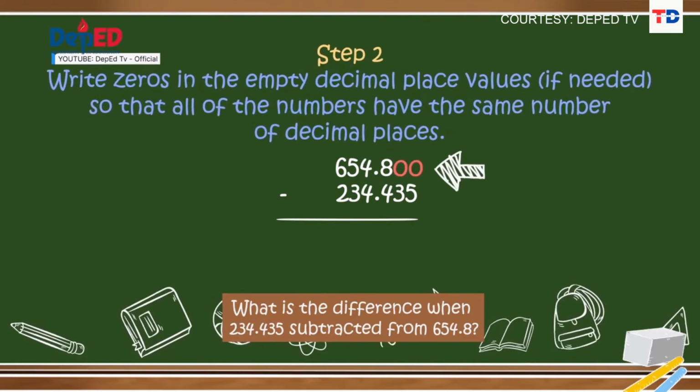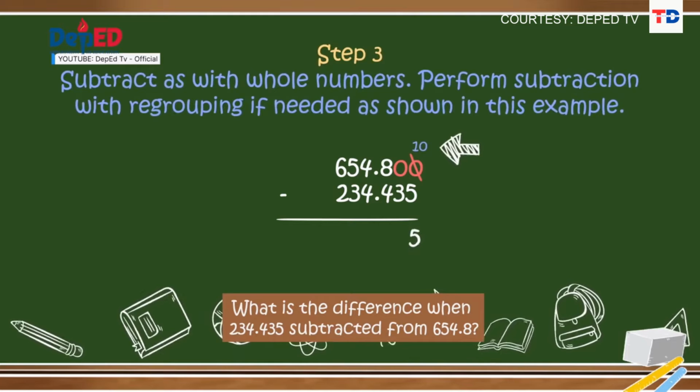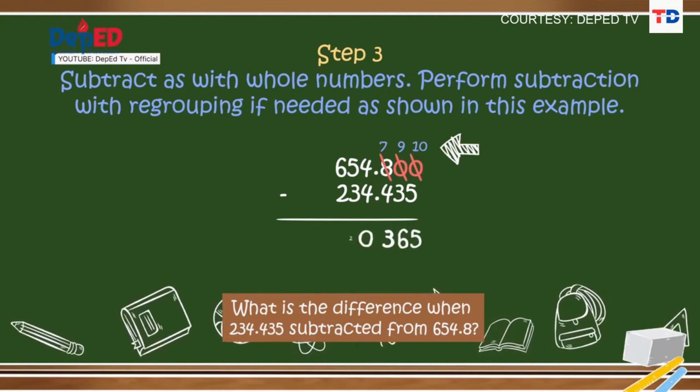Step 2. Write zeros in the empty decimal place values, if needed, so that all of the numbers have the same number of decimal places. Step 3. Subtract as with whole numbers. Perform subtraction with regrouping if needed as shown in this example.